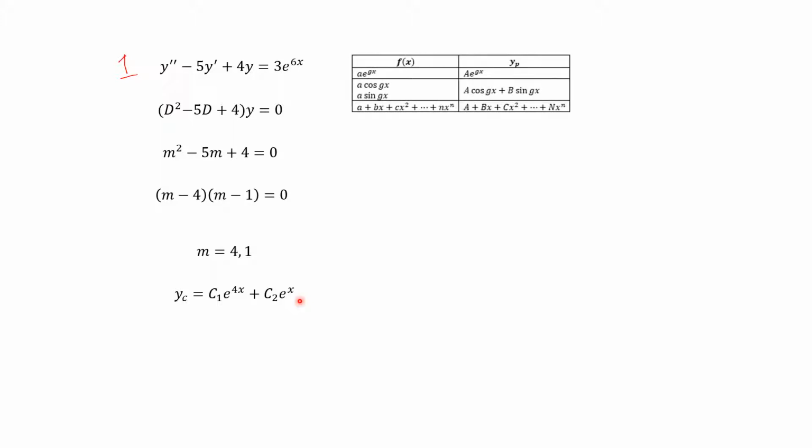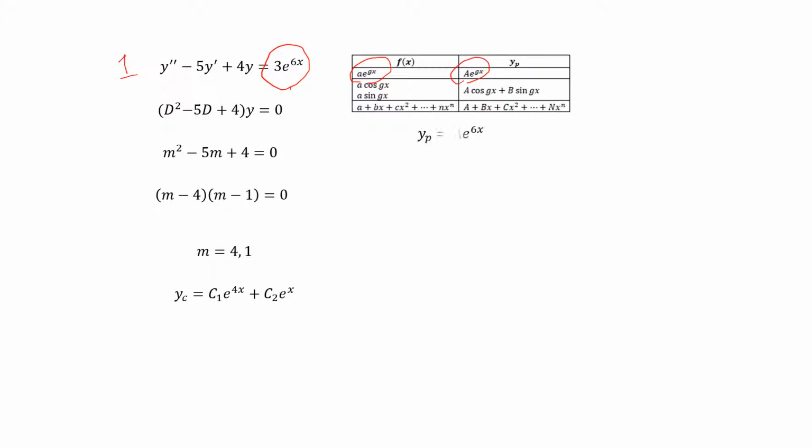Now, next step is we will have to analyze the right side. The right side is 3e to the 6x, and see in the table where 3e to the cx lies. This is here, a e to the gx. So a corresponding particular solution is of the form a e to the gx.